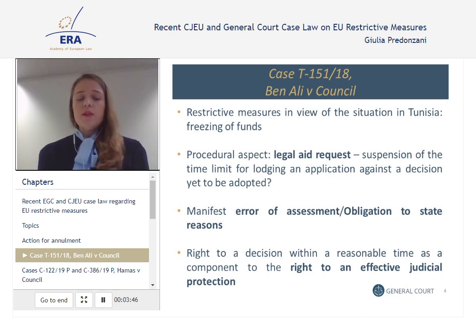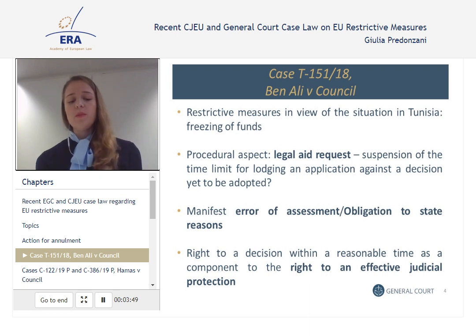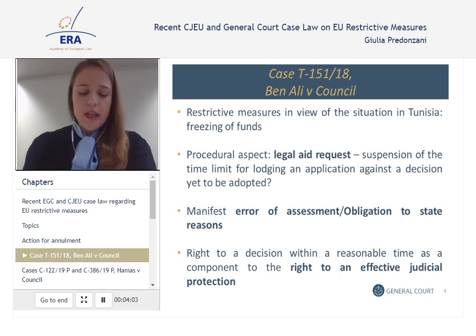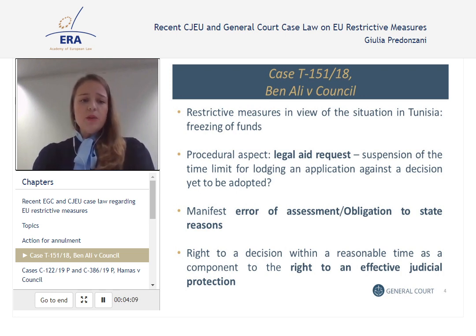And the General Court said that in this case, this was also possible when it came to the legal aid application, because it was not possible for the person to be somehow discouraged in bringing a new application if he had to lodge a different and separate request for legal aid. So the General Court held that the time limits for dealing with the applicant's application for legal aid could not have the effect of restricting access to the courts of the European Union, and concluded that the suspension of the time limits for bringing proceedings also applied to the application as directed to the second decision.